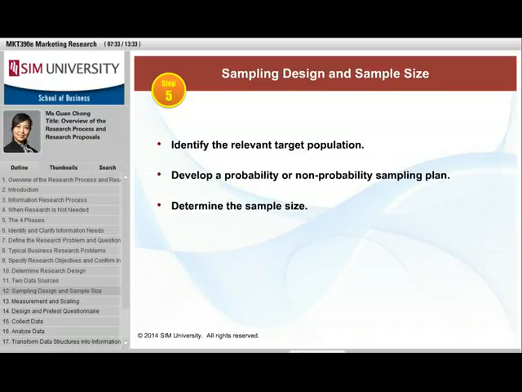Under probability sampling, each member of the defined target population has a known chance of being selected in the sample. Sampling error can be determined and findings are generalizable to the population. Under non-probability sampling, the sampling error cannot be measured, which limits the generalizability of any information to the population.